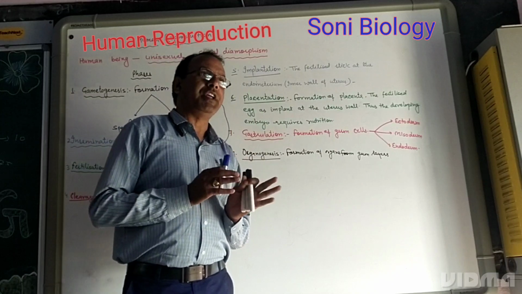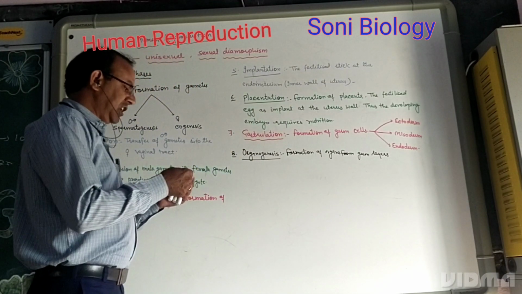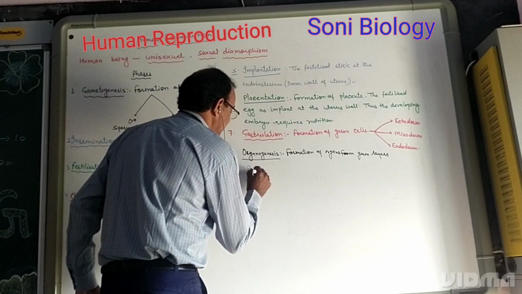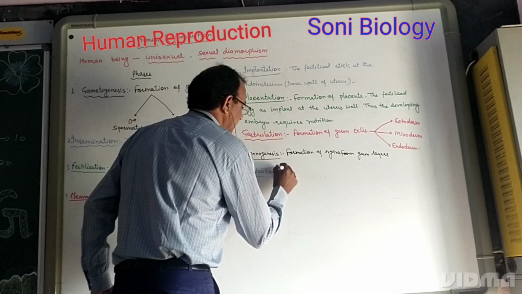As the development fully takes place, the fully developed embryo is expelled from the mother's body. That phase is known as parturition as well as delivery. Next phase is parturition, or delivery.